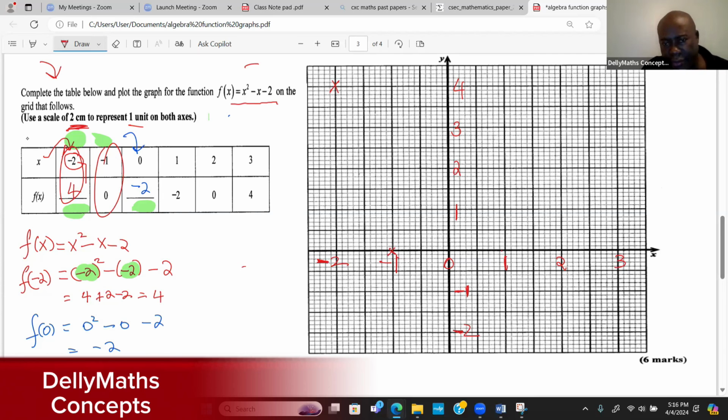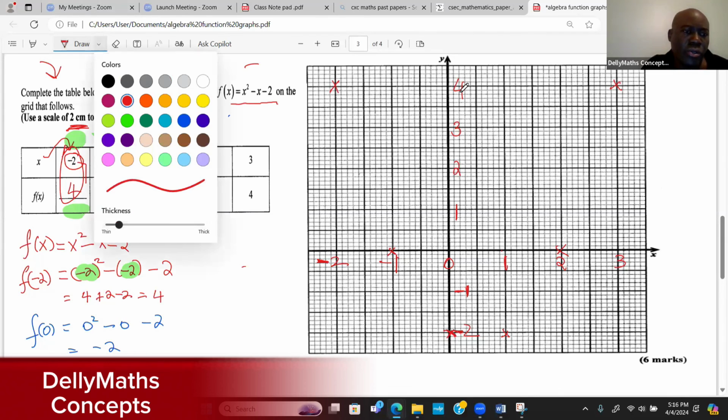Then 0 with -2, follow the 0, go down to -2 right here. Then 1 with -2 is right here. And then 2 with 0 is right here. And then lastly, we have 3 with 4, which is right here.